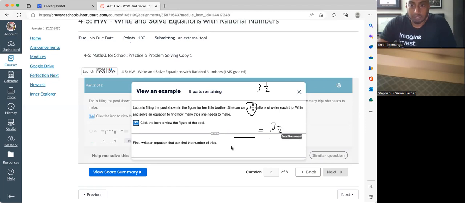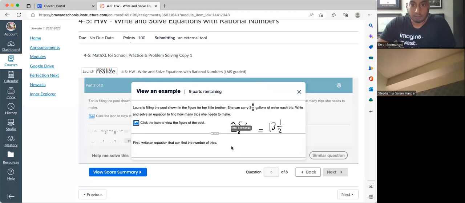What goes over here on the left? This number right here? 2 and 5/8. Okay, so 2 and 5/8 times t. What's the coefficient of t? 2 and 5/8. What do we do with the 2 and 5/8? We divide it.